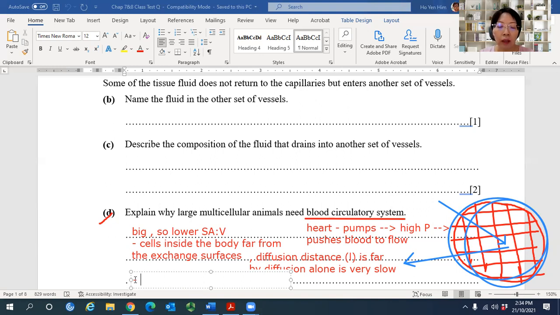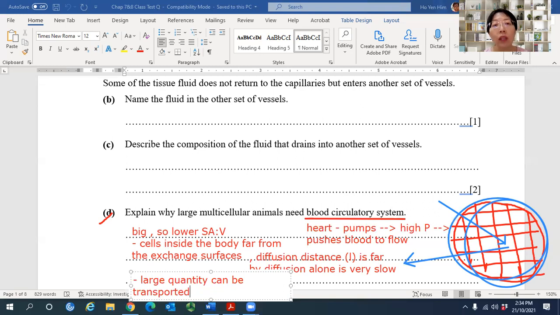So, high speed. Second is large quantity. Large quantity can be transported because you have a special blood vessel where all the exchange materials flow within the lumen of the blood vessel. So it's a highway.